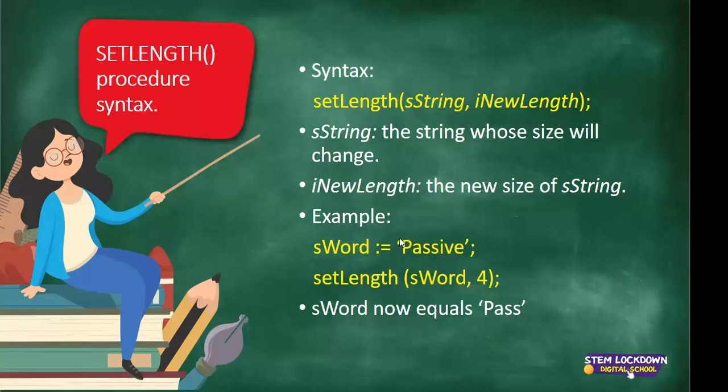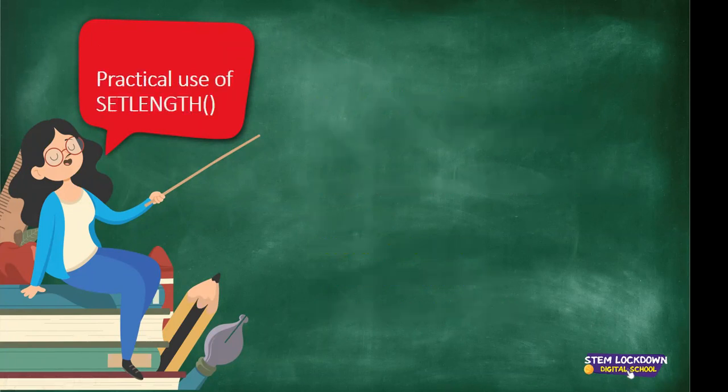And because the size was 7, it now is 4, so 1, 2, 3, 4. What I'm left with in sWord is pass.